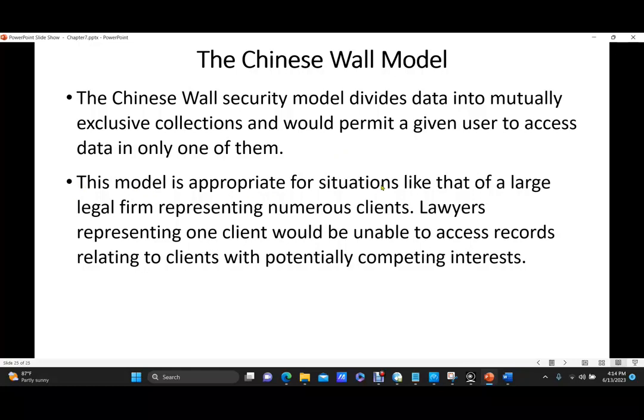This model is appropriate for situations like that of a large legal firm representing numerous clients. Lawyers representing one client would not be allowed to access records relating to other clients with potentially competing interests.